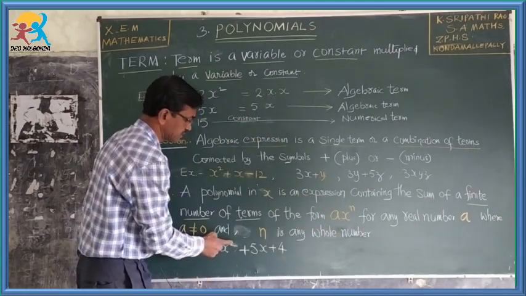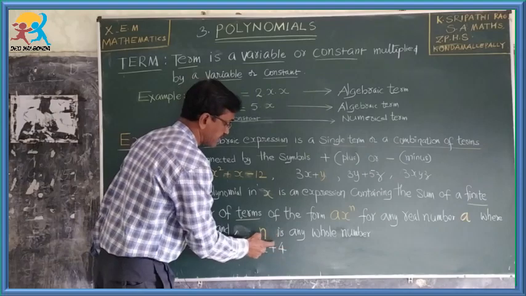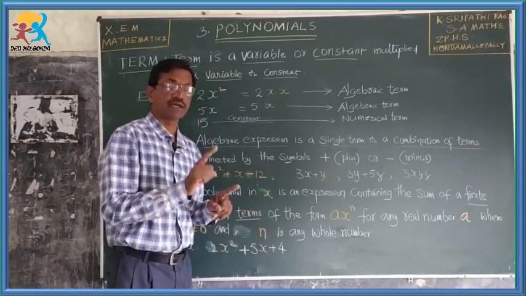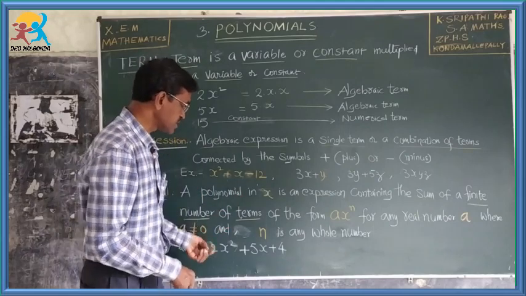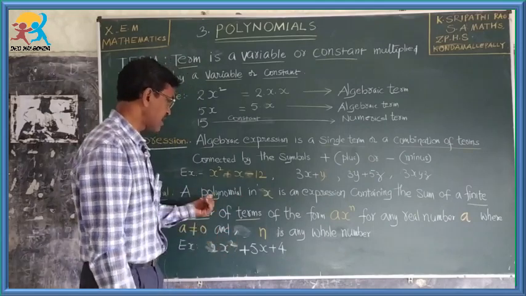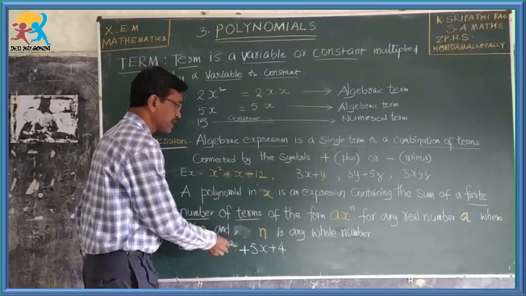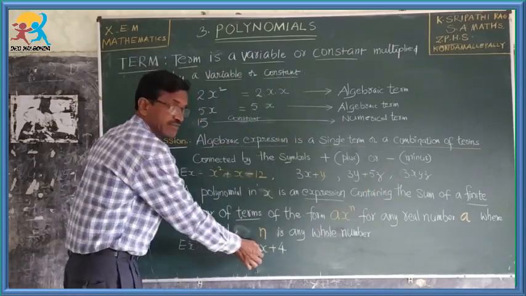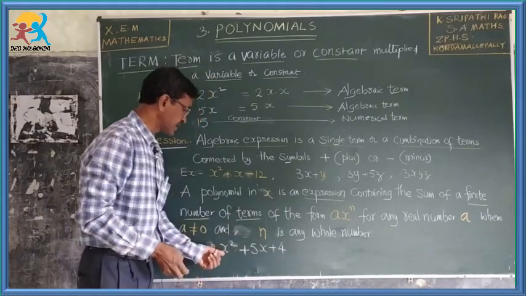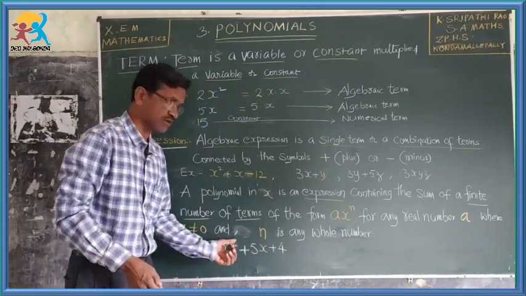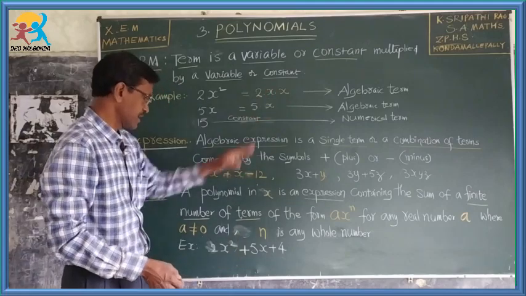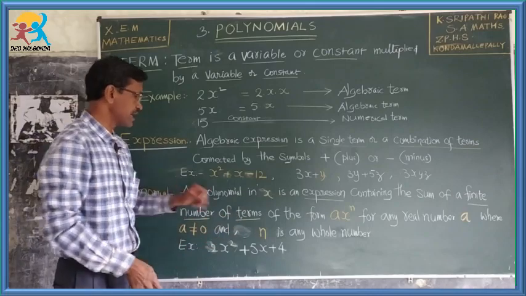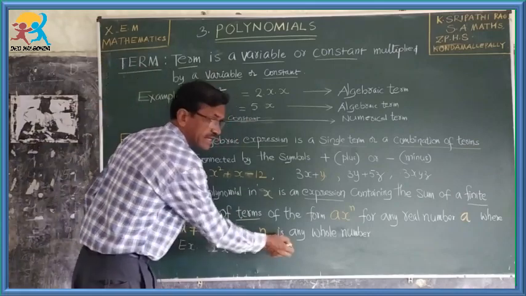The power should be a whole number, and n should not be a negative integer or a real number. So a polynomial is an expression containing the sum of a finite number of terms, and every term should be in the form of ax to the power of n, where a is a nonzero real number and n is any whole number.